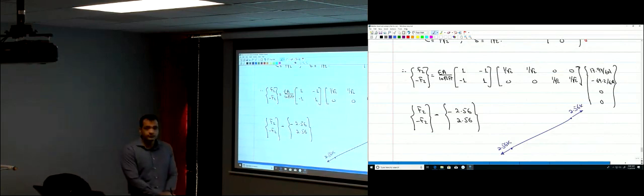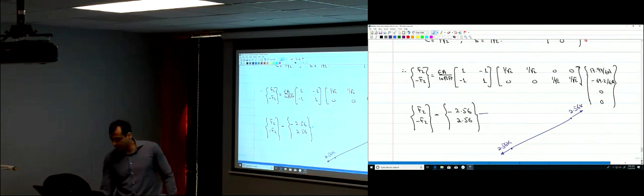So actually now I know the member like this. The force at the start is negative, so it's in that direction, 2.56 K, and this one is positive, so it's in that direction, 256 K. So what type of force is it? Is it a tensile force or a compression force? That's a tensile force.